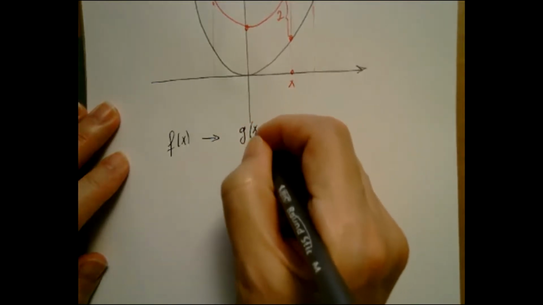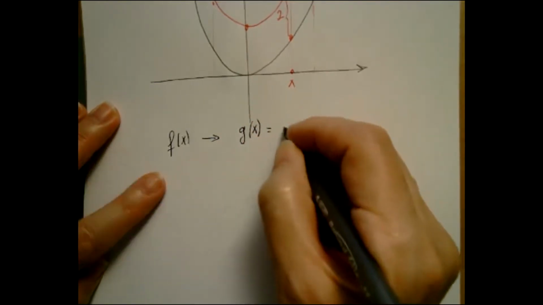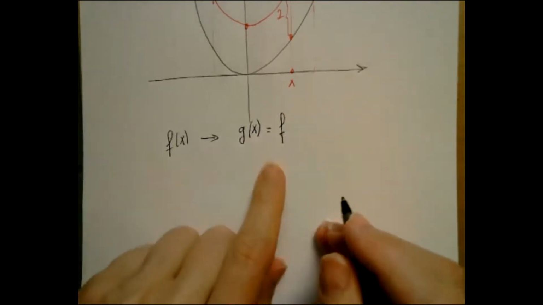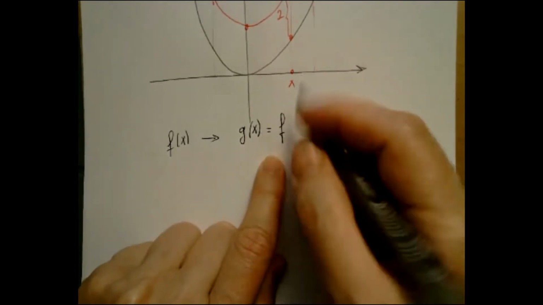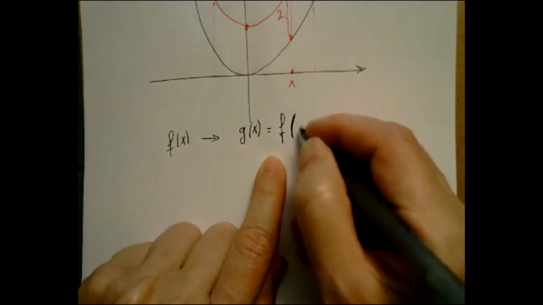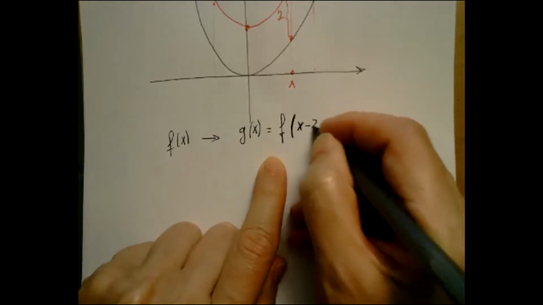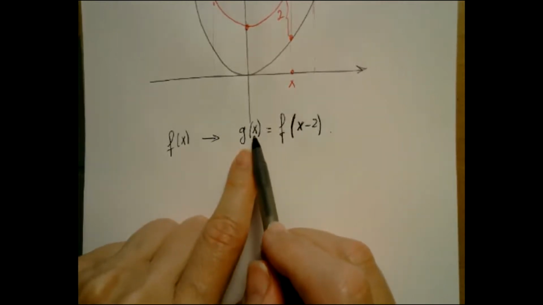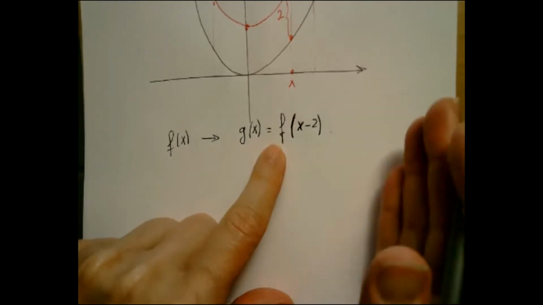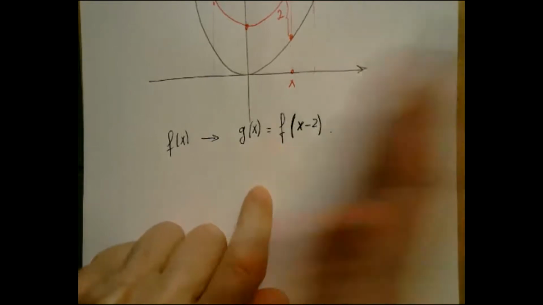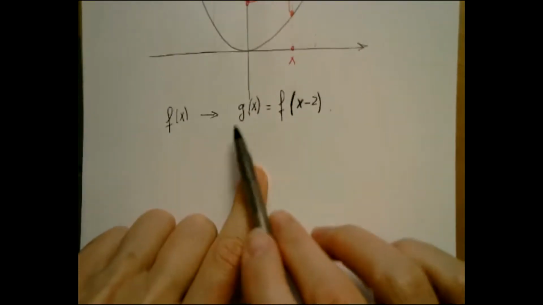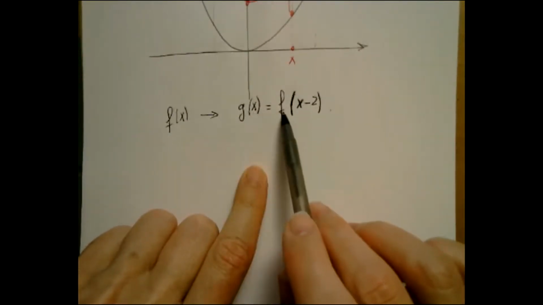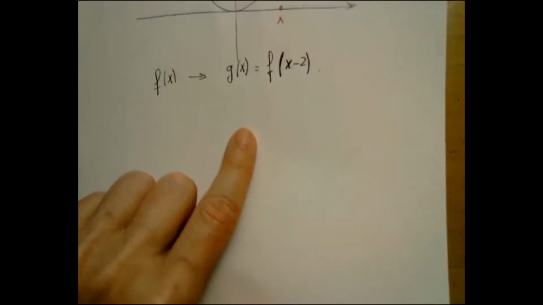Let g of x be what f does, but not at x, what f does at x minus 2. So g will do to x what f does to x minus 2. So the output at x for g is the output of f at x minus 2.